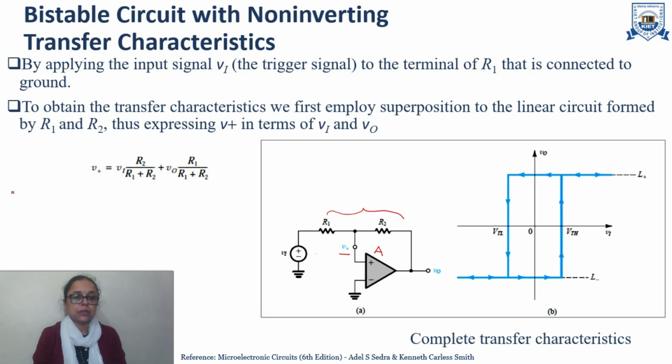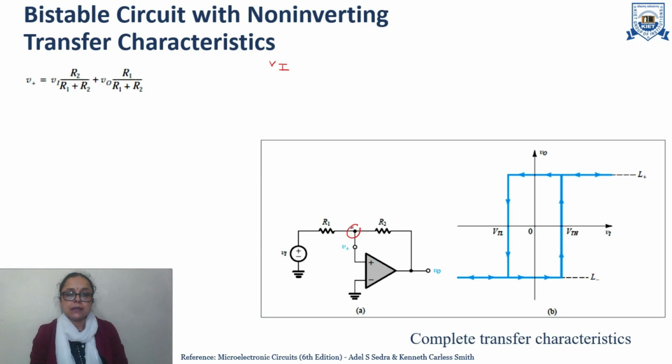So, first of all we will find out the positive voltage V plus. What will be its value? Means the voltage at the positive terminal of this amplifier. By applying KCL at this node, we get Vi minus V plus divided by R1 equal to V plus minus V naught divided by R2.